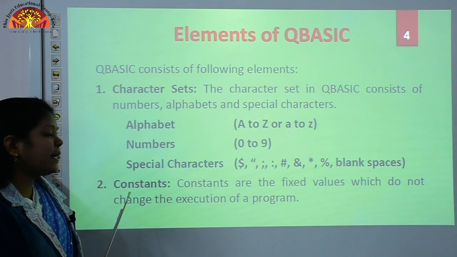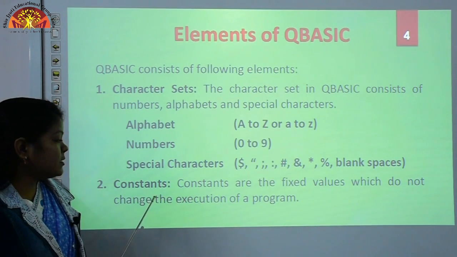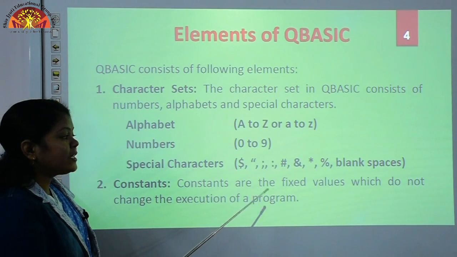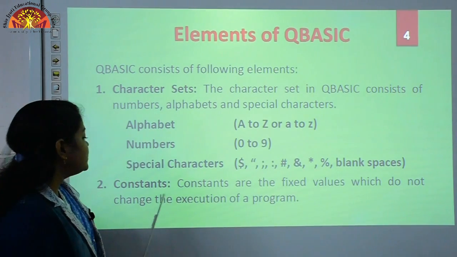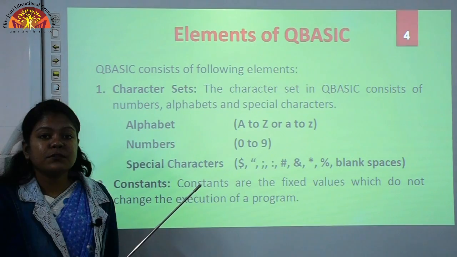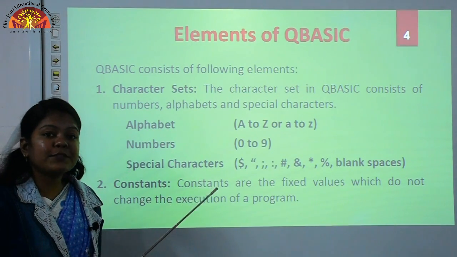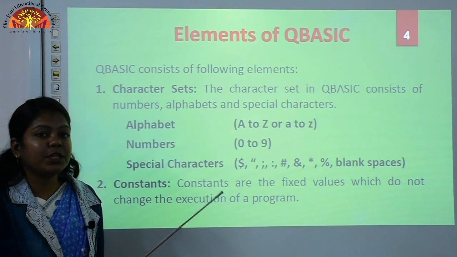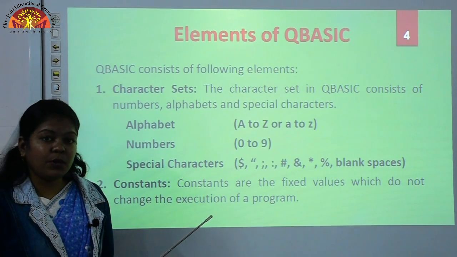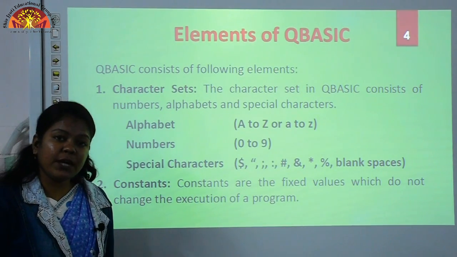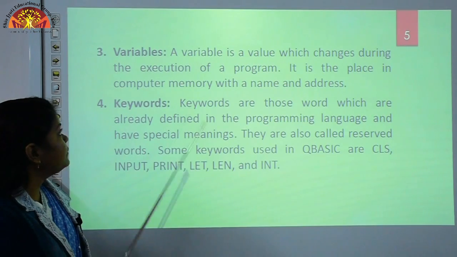Now the next element we have is constants. Constants are the fixed values which do not change during the execution of a program. So students, constants are fixed values that do not change during program execution. Next element we have variables.